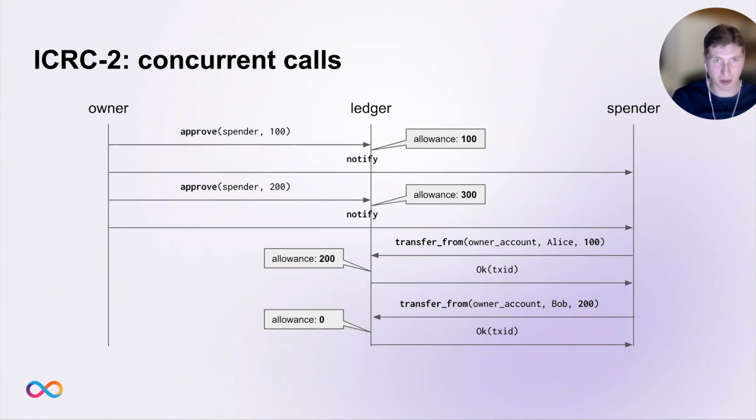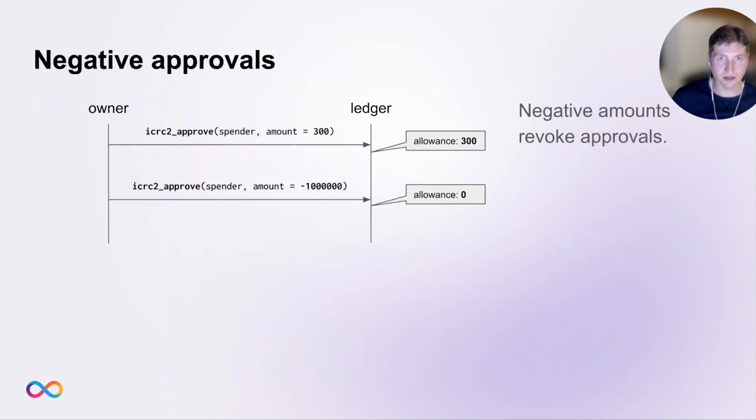So that was the reasoning why we decided to make approvals additive. This API also allows you to set it to 0, for example. This poses a little issue: how do you set it to 0? Because if you approve 0, you will just add 0 to your approval, and it will not change.